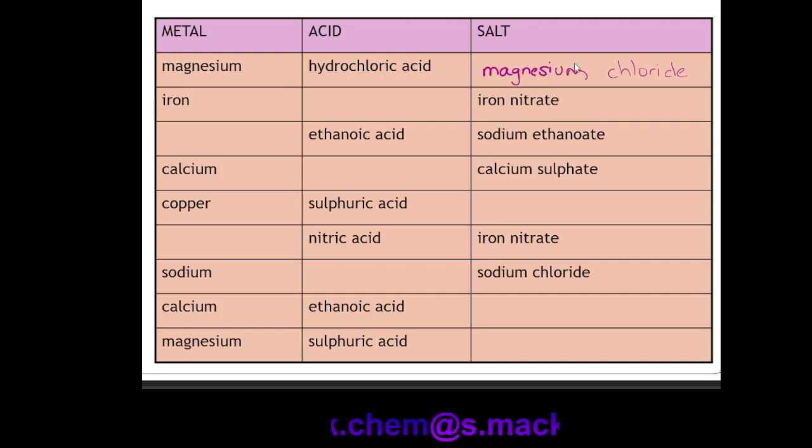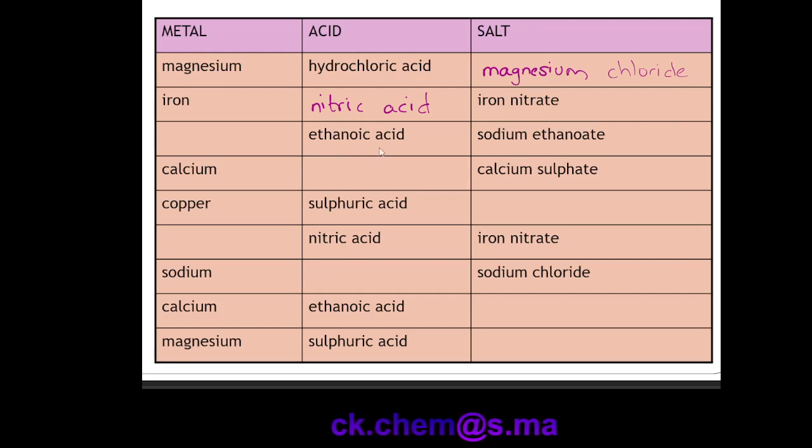In the second question, and it's a trick one, if we have iron reacting with an acid where it forms iron nitrate, can you identify the acid which iron will react with? If you guessed nitric acid, you were correct. Nitric acid forms a salt called a nitrate.